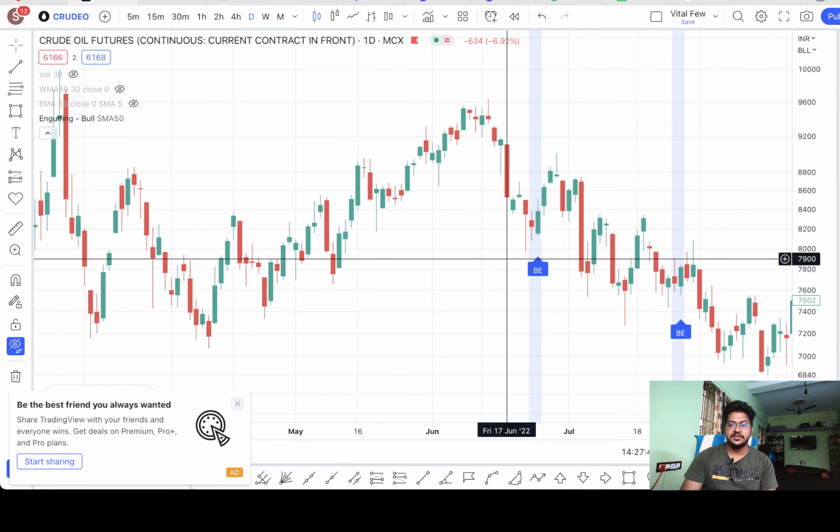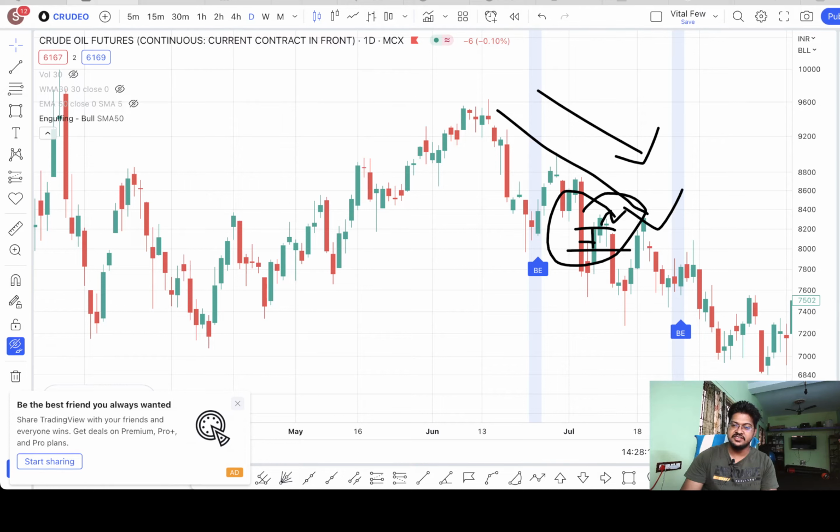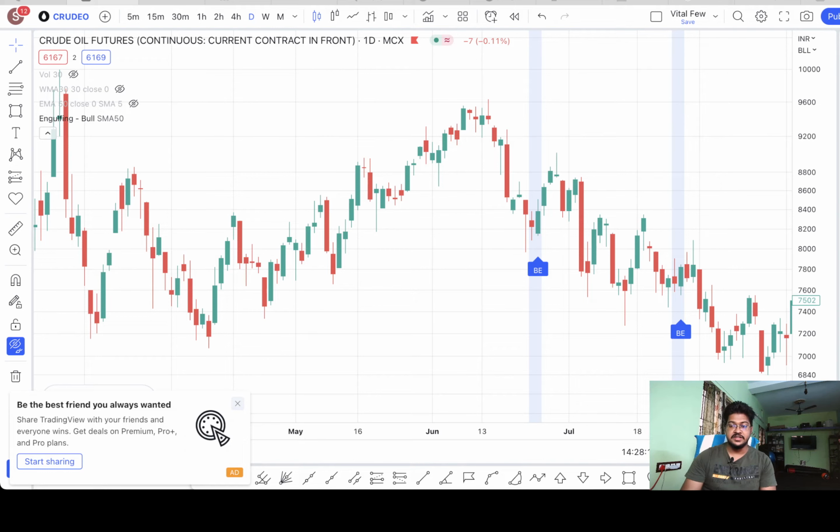If you spot the trend in a higher time frame and then do a reconfirmation in a lower time frame, that is okay. But let's say the trend is going downwards, and somewhere here you spot a bullish engulfing pattern in a lower time frame like 15 minutes, and it is obeying the rule also. The high is broken, but the major trend is in a downward direction. That's why it has a very high chance of immediately failing. So make sure to spot this pattern only in the daily time frame.